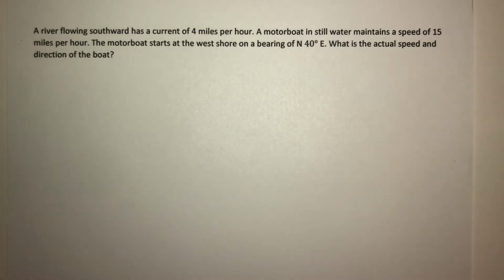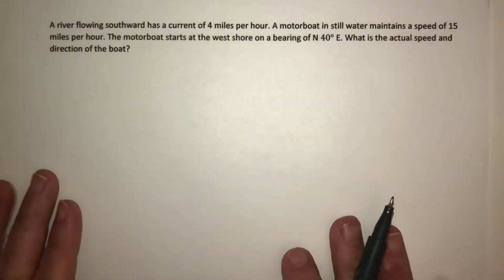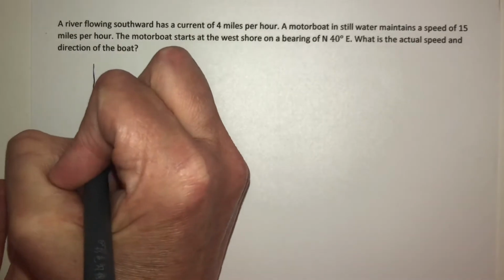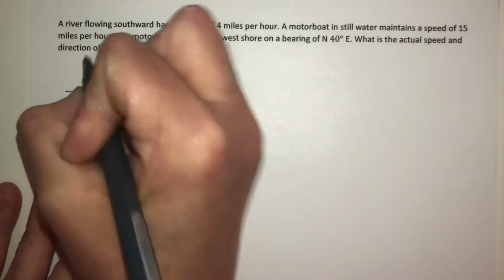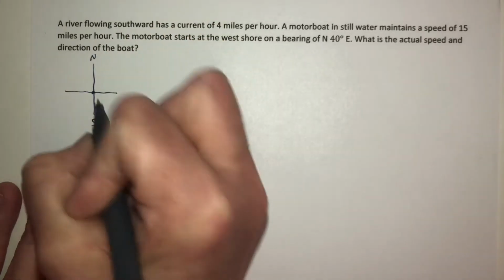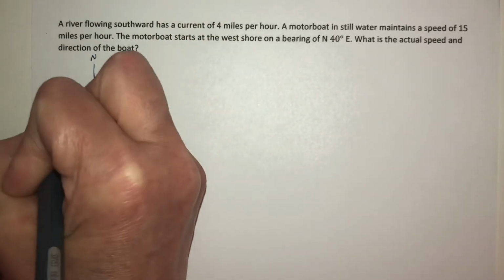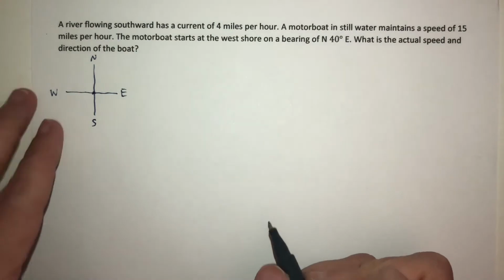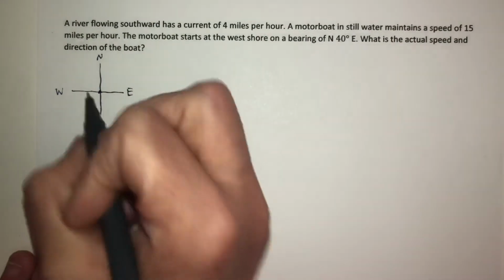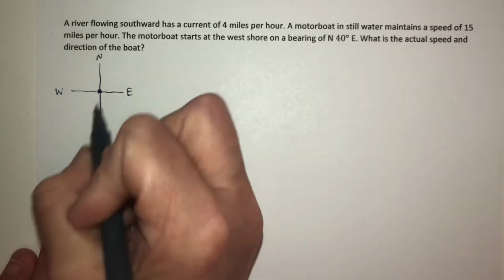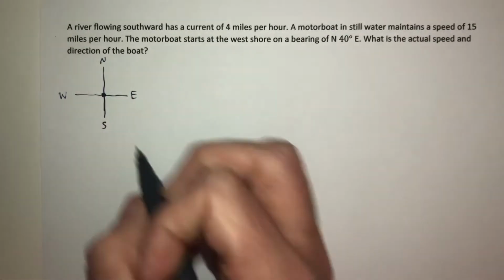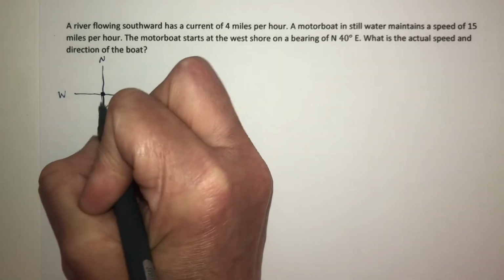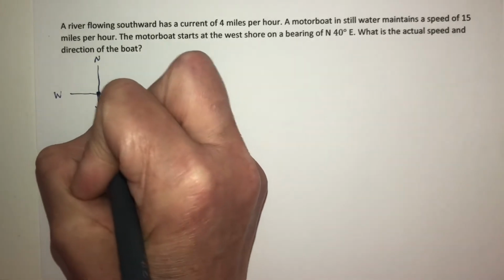Okay, so let's get a picture drawn. So we have some sort of coordinate system, and this is north, south, east, and west. The river is flowing southward, due south, with a current of 4 miles per hour. So it's flowing this way, and it is at 4 miles per hour.